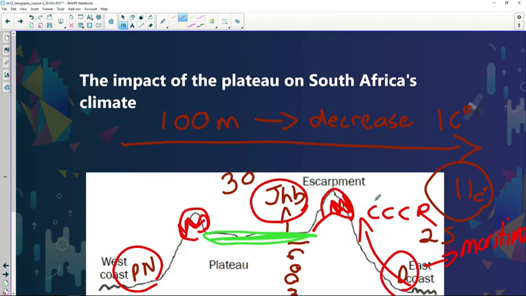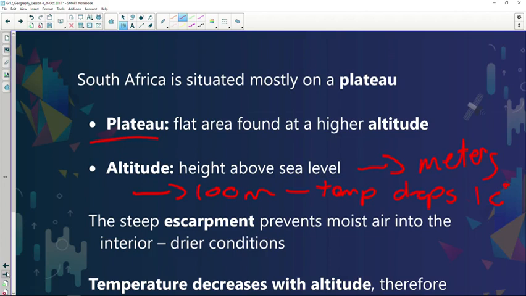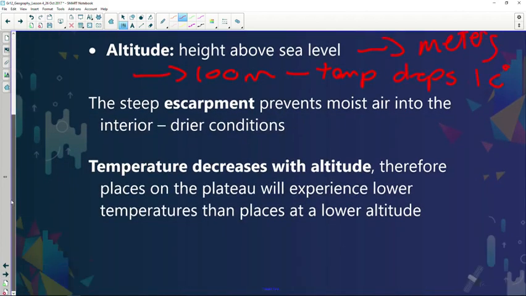So before this moist air can reach us and let the formation of rain take place, it rains before it actually reaches us. Now, as I mentioned over here, the temperature decreases with altitude. Therefore, the plateau might experience lower temperatures at higher altitudes.